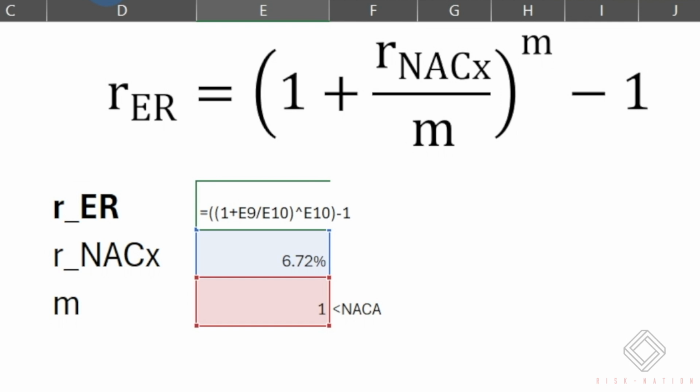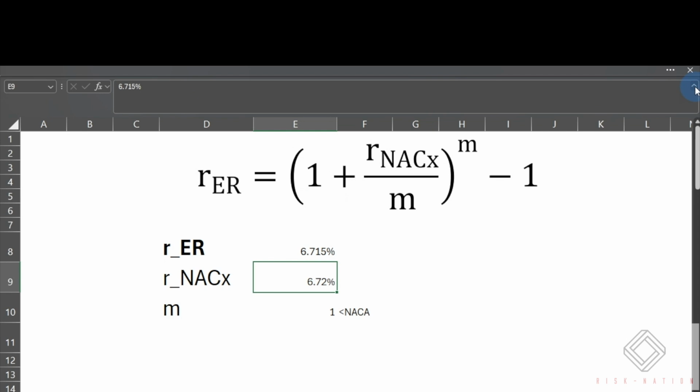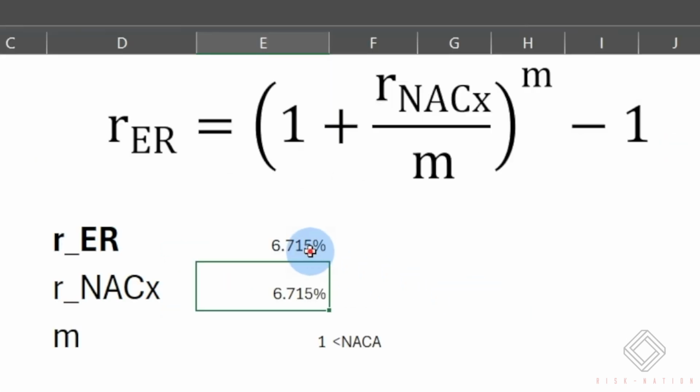Our effective rate will be, let's get some decimals on here. Our effective rate will be 6.715%. And this is the reason why I said when it's NACA, because we have already stated that the effective rate is actually comparable to or exactly equal to an NACA rate. That's not to say that that's how they are used in practice though, but in essence and mathematically they are exactly equivalent.